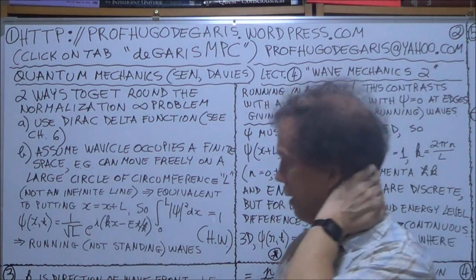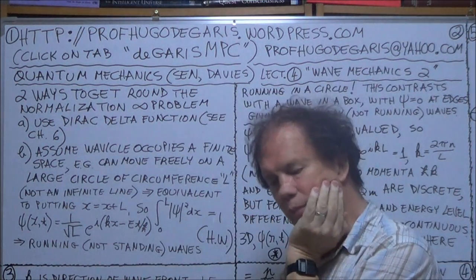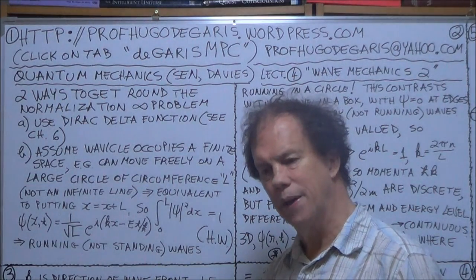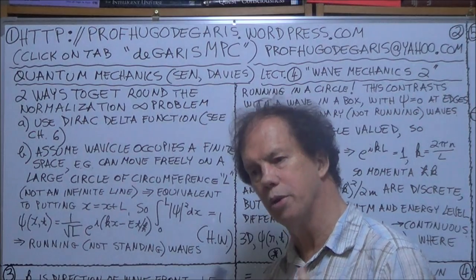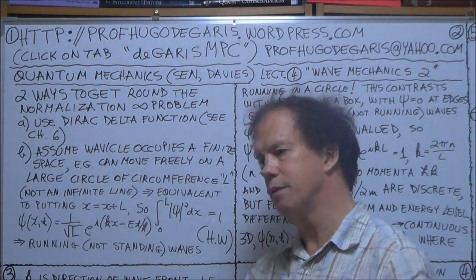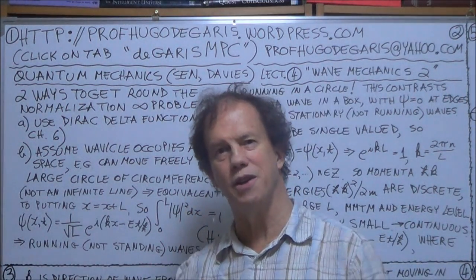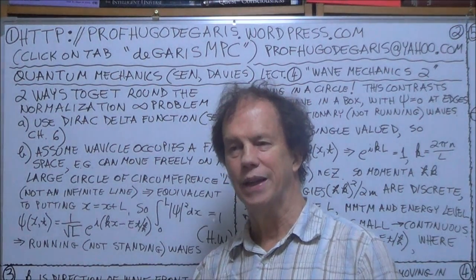Well, getting back to the nitty-gritty. You remember the last time we had a conceptual problem. We were talking about the free particle, so in a sense it's free to go wherever it wants.